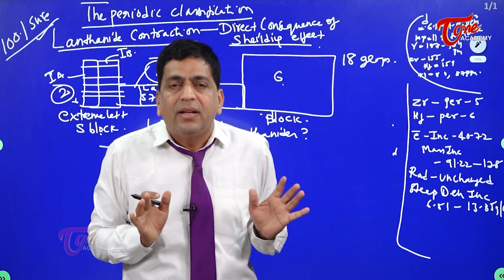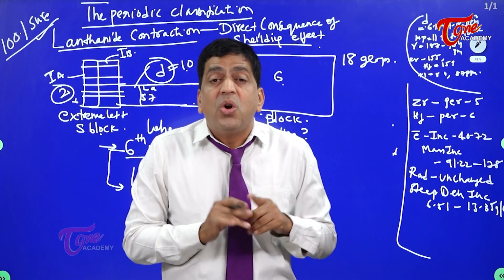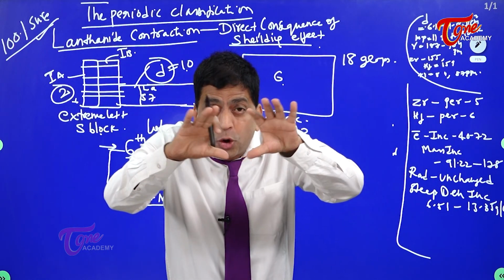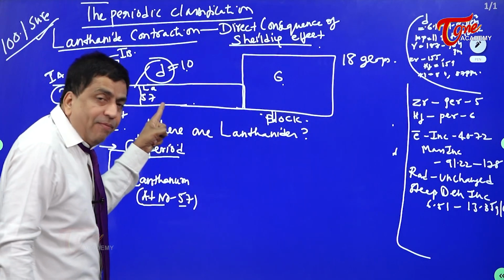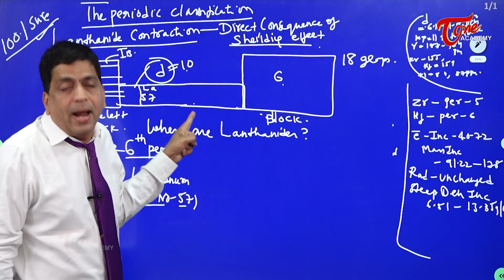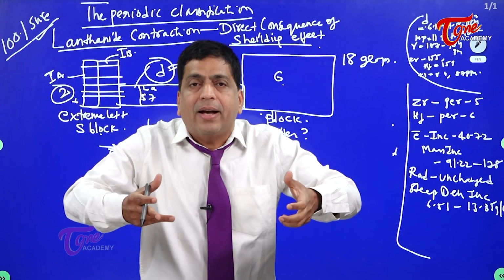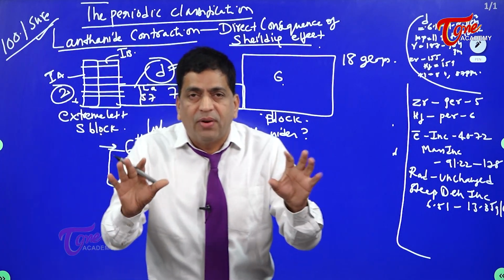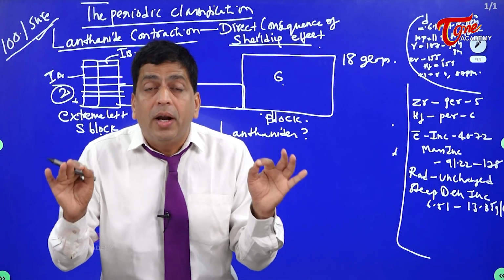But if you actually open the textbooks and see, 58 is missing. If you take a closer look at the periodic table, after lanthanum, where you are supposed to get 58 as the atomic number, you will find 72. Observe carefully what I'm telling. I want to spend as much time as possible here until you understand.